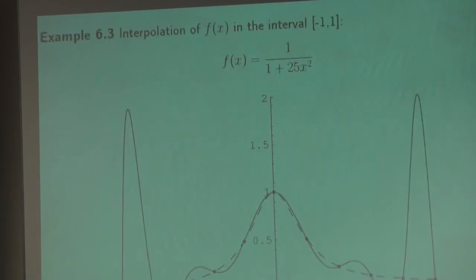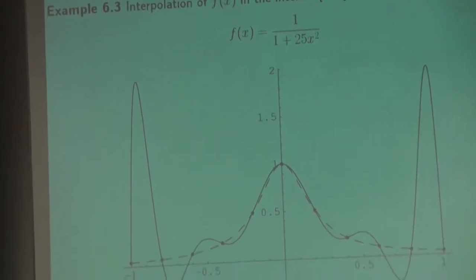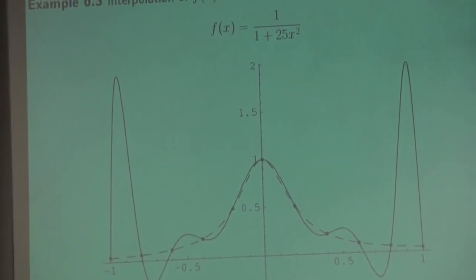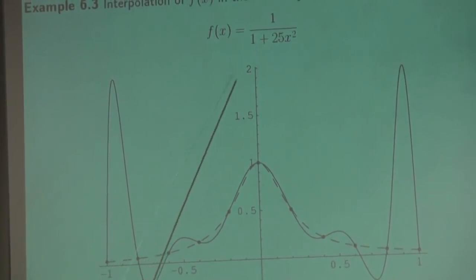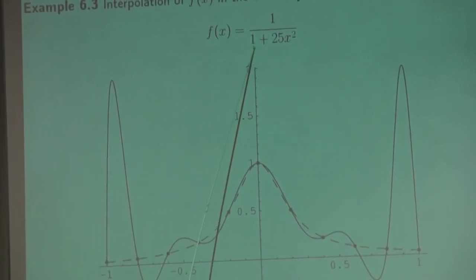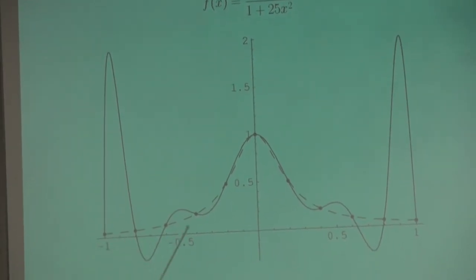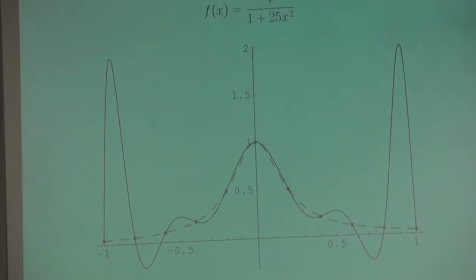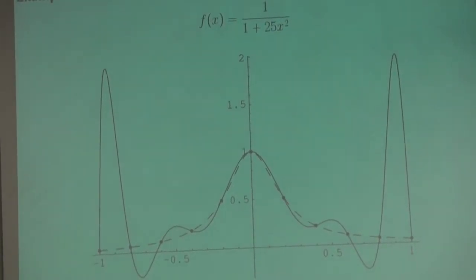But now let me show you that it's not that nice all the time. This is the classical counterexample. We take this function, 1/(1 plus 25x squared). This function looks quite similar to a Gaussian normal distribution.